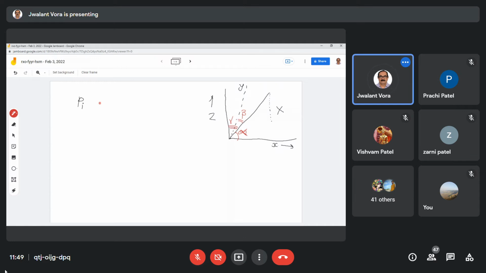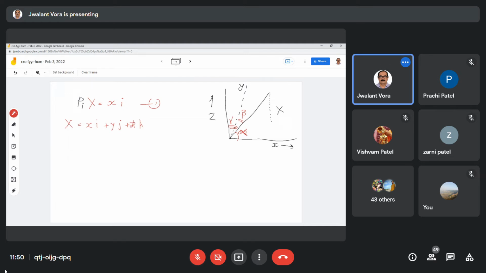Okay, so pi x is equal to xi. Let this be equation number 1, where x is equal to x into vector i plus y into vector j plus z into vector k.